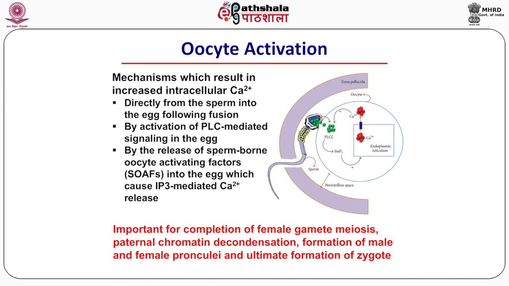They are replaced by the histones present in the oocyte and the sperm DNA becomes decondensed. This leads to formation of the male and female pronuclei, and ultimately they come together at the equatorial plate. The mitotic spindle is formed, and this is the point at which the zygote is ultimately formed.